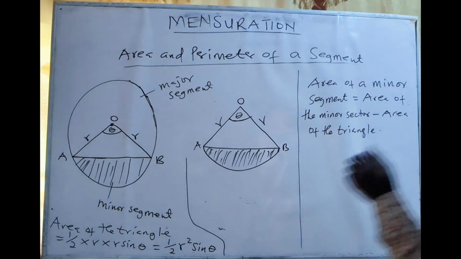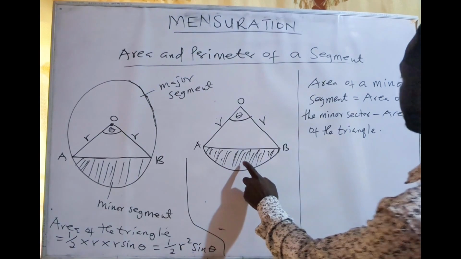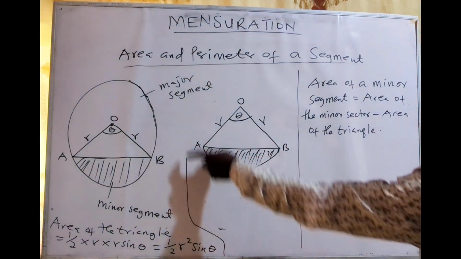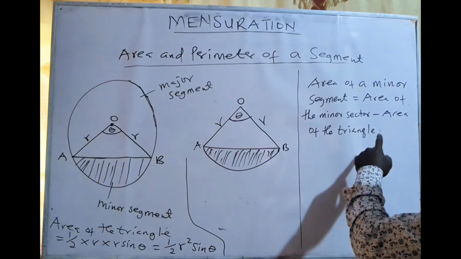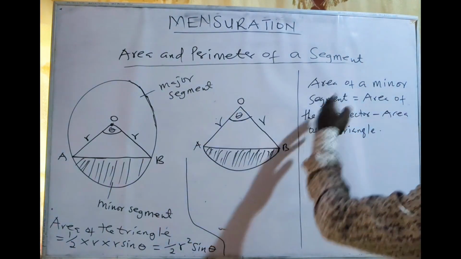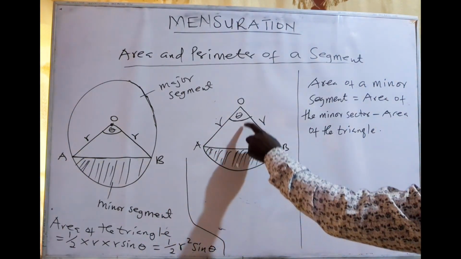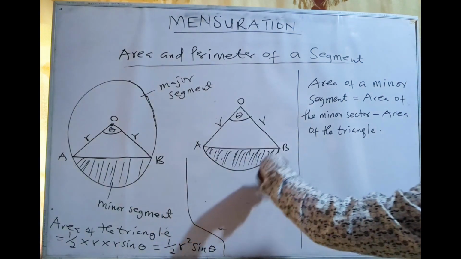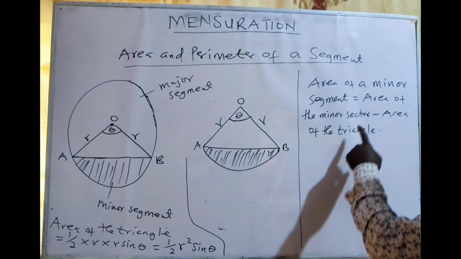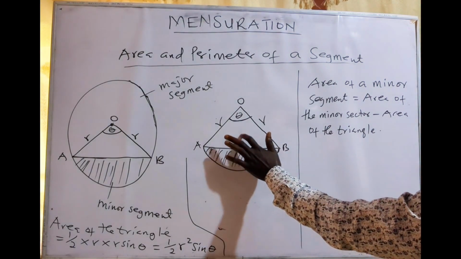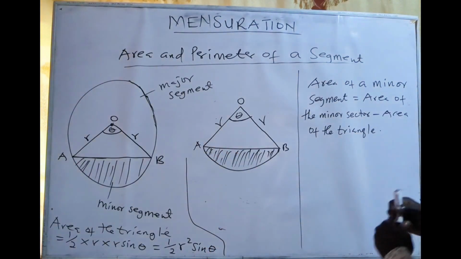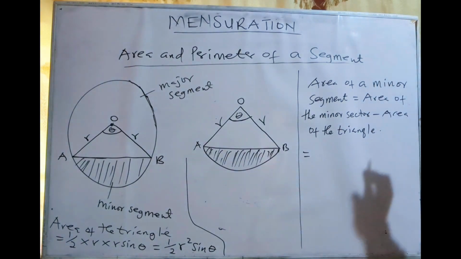Area of a minor segment here is equal to the area of the minor sector minus the area of the triangle. So this is the minor sector, and this is the triangle. What is the area of the minor sector?